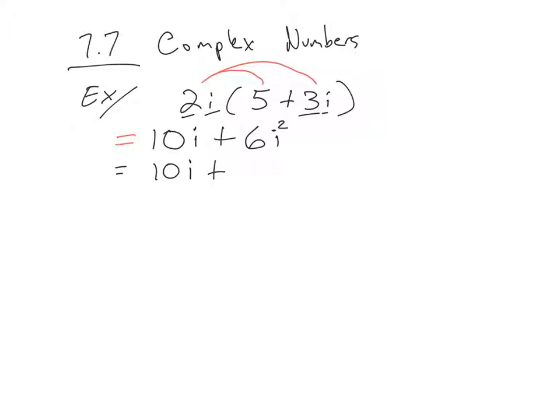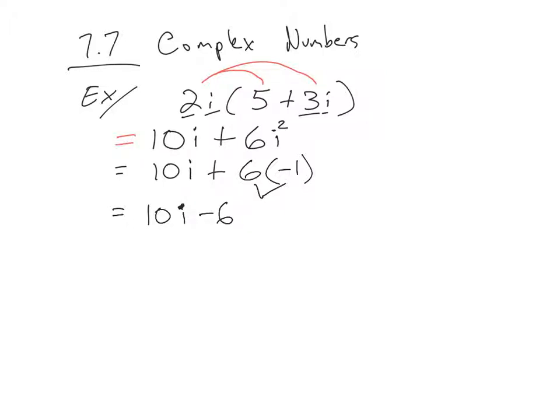Ignore the beeping if you could hear that in the background. So we multiply 6 times -1, and you end up with 10i minus 6.